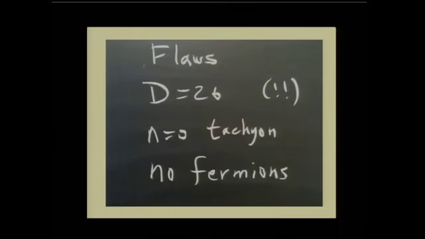So remember, we live in a world in which we have 3 spatial dimensions and 1 time dimension, so a 4-dimensional space-time. So this is only a candidate for the kind of things that we saw last week if in some sense the world is really 25 spatial dimensions and 1 time dimension, which is a lot more than we're aware of. So that would seem to be a flaw.